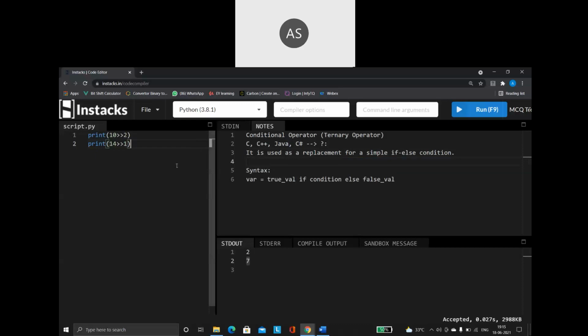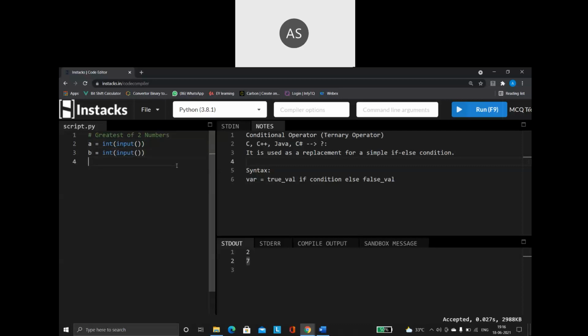Let us take a very simple example. My program is going to find the greatest of two numbers. A is equal to int of input, so whatever value the user gives for A is stored. Then B is equal to int of input.